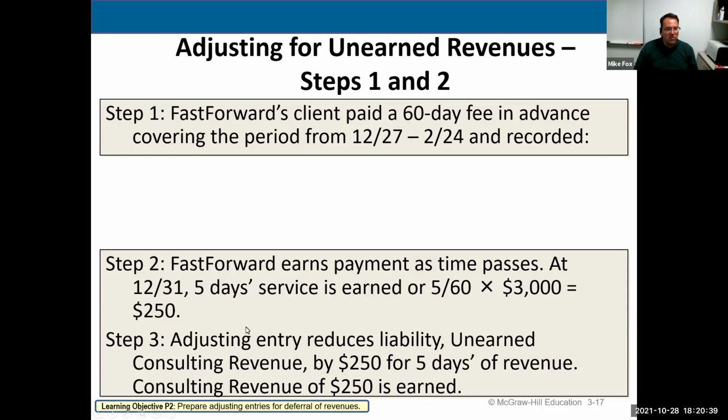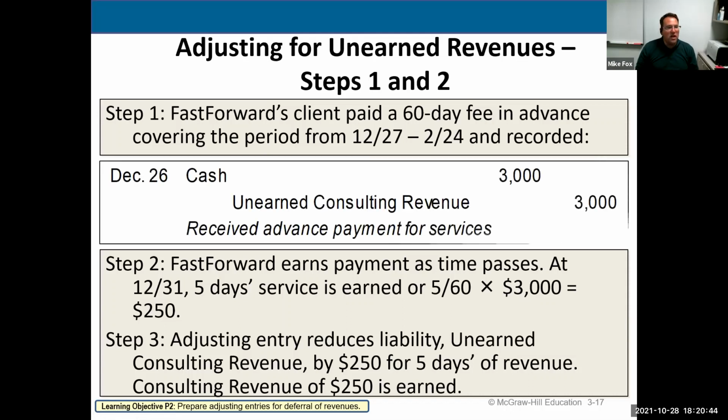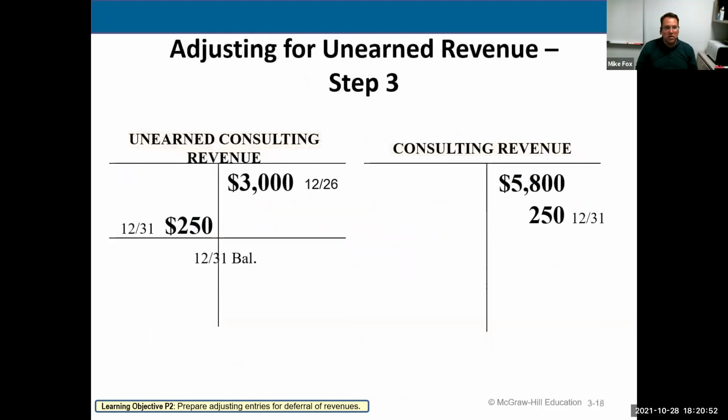So step 3 was the adjusting entry to reduce the liability. Let's just show what it looks like. When we get the money, our cash goes up and our liability unearned revenue goes up. Then when we get to the end of the month and say, we've earned a certain amount of that money, we do an adjusting entry to debit unearned revenue, so decrease the liability, and credit the revenue account.